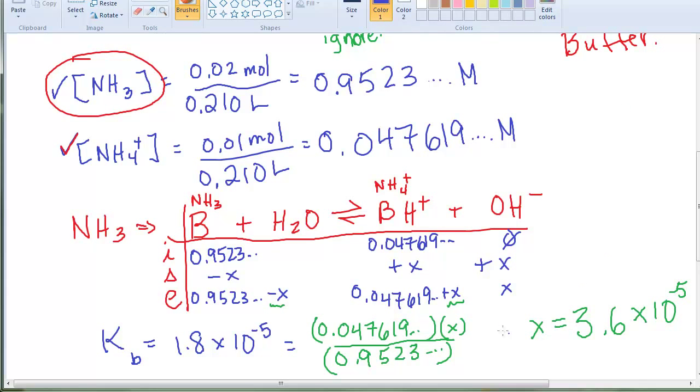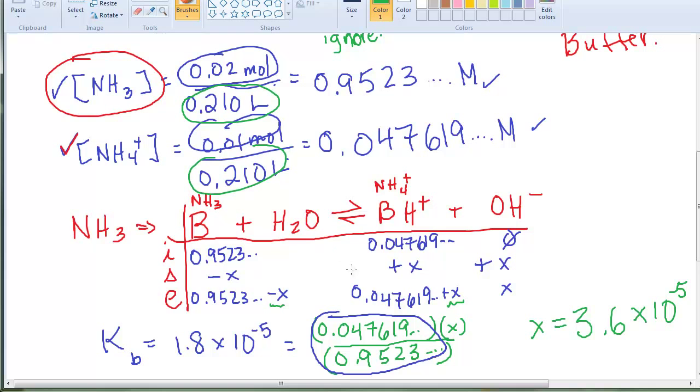I would like to point out at this point that these numbers came from converting the moles to molarity for each of these, and so each of them was divided by exactly the same volume, 210 milliliters. And then down here it was also a ratio of these two numbers, and so technically speaking, mathematically speaking, I could have jumped right on and used just the moles instead of the molarities.